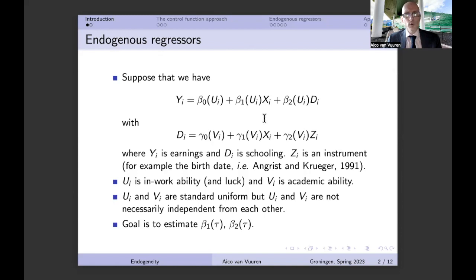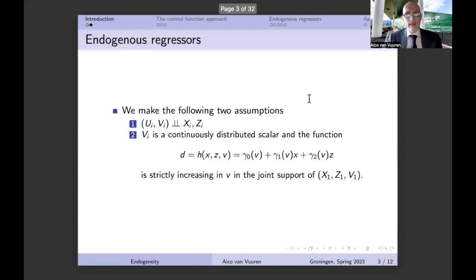And that means that within our sample we are still going to have variation or correlation between ui and di. Only at the moment that we make the interval, in the limit, equal to zero length, are we going to get consistent estimators.